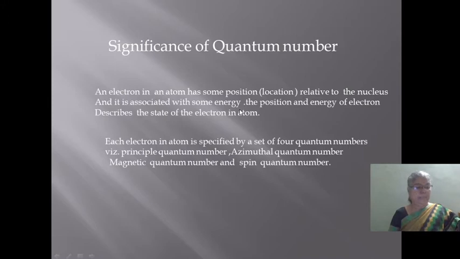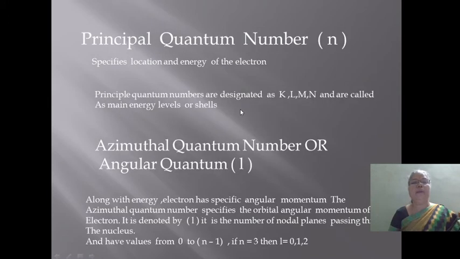The principal quantum number is denoted by small letter n, and it specifies the location and energy of the electron.